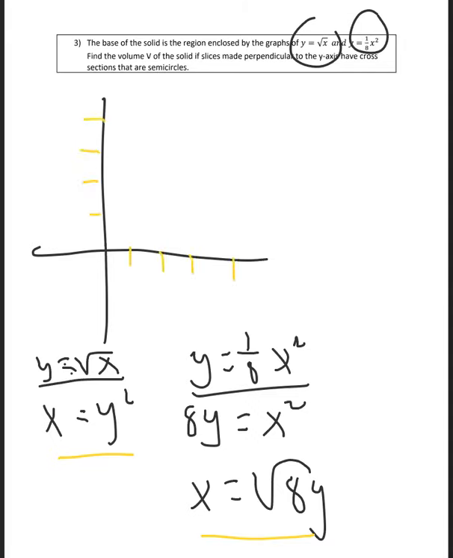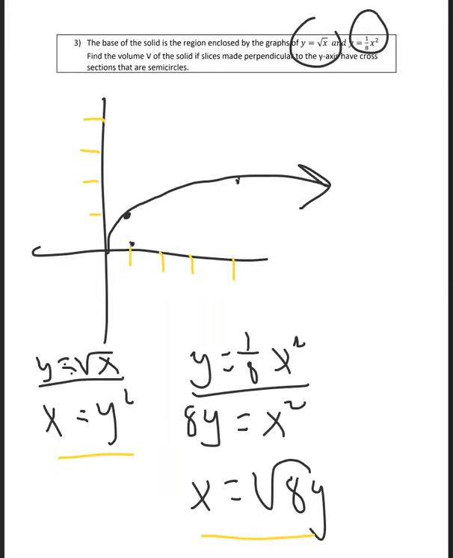So when you graph these, 1, 2, 3, 4, 1, 2, 3, 4. I'll do this one first. y is equal to radical x, 1 comma 1. The next one I know is when you plug in 4, you get 2 as your y. So it looks something like that. And then the next one, 1/8 x squared, I'll plug in 1. When you plug in 1, you get 1/8, so that's kind of there.